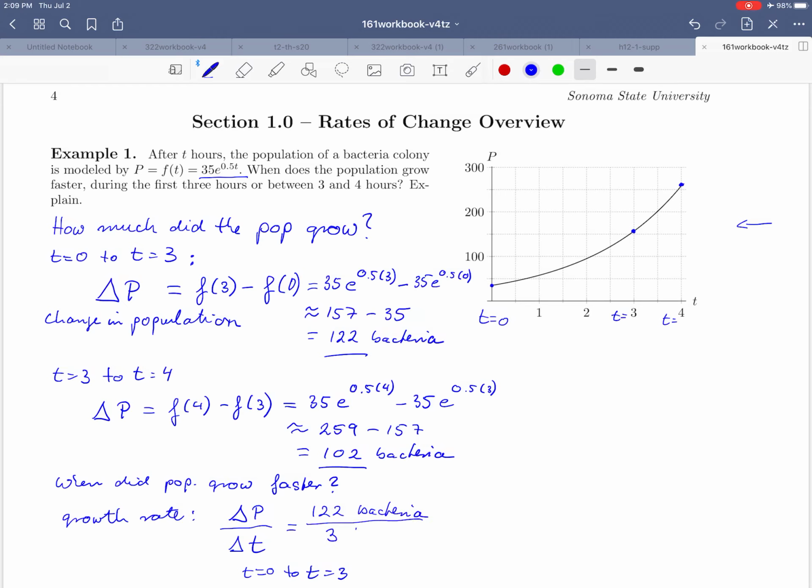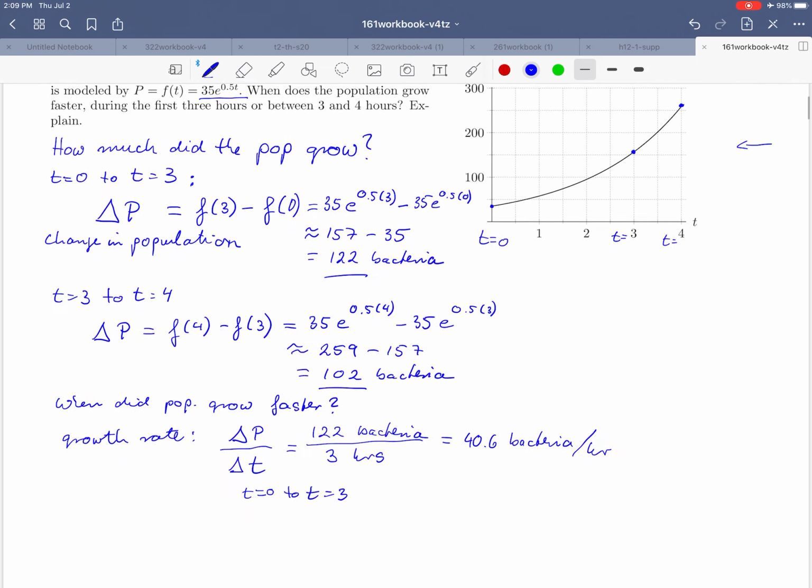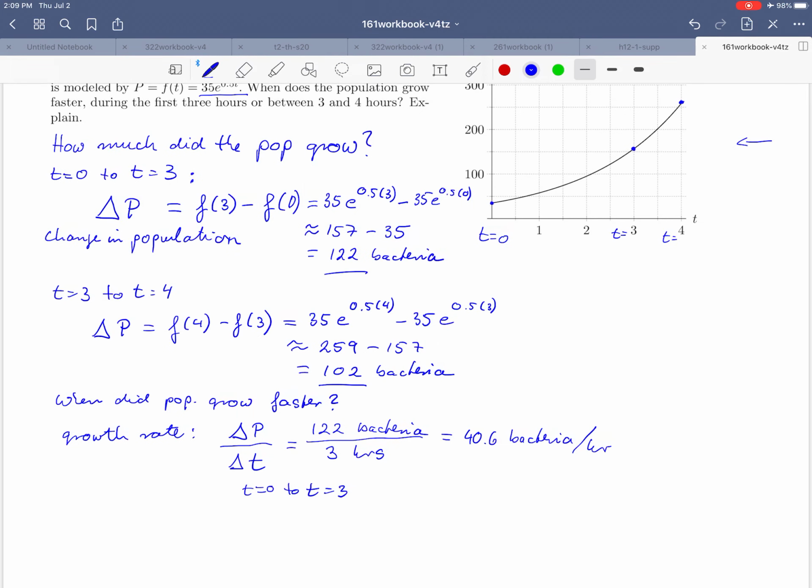That is 40.6 bacteria per hour. To get 122 in 3 hours, the bacteria would have to grow by about 40.6 bacteria per hour on average for each of those 3 hours.